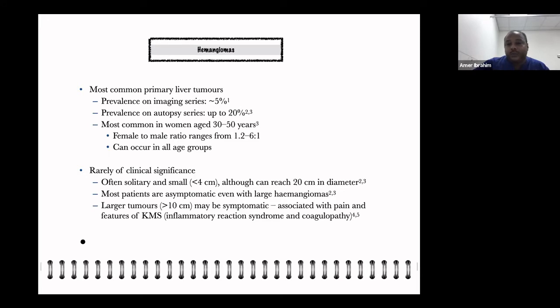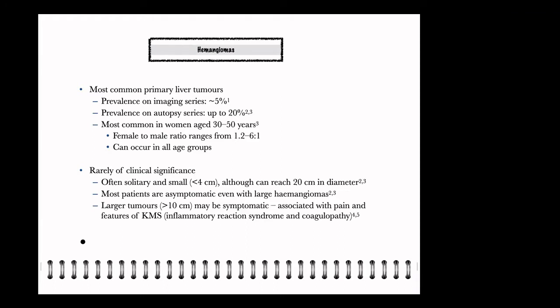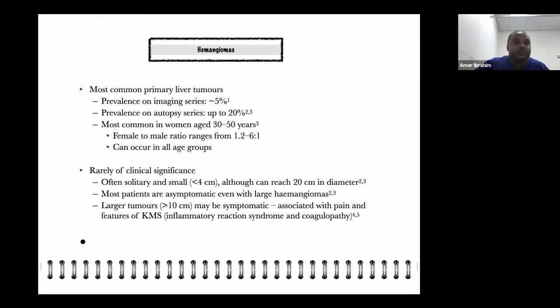It most commonly presents between the 3rd and the 5th decade of life, and males have more hemangiomas than females, but it can occur in all age groups. Sometimes it has rarely any clinical significance because it's small and solitary, but in some series it could reach up to 20 centimeters in diameter.